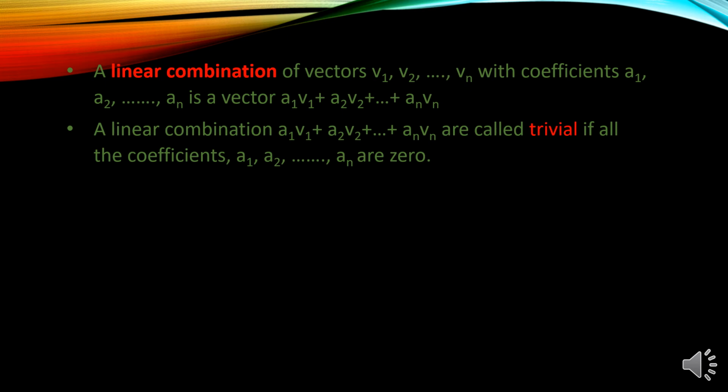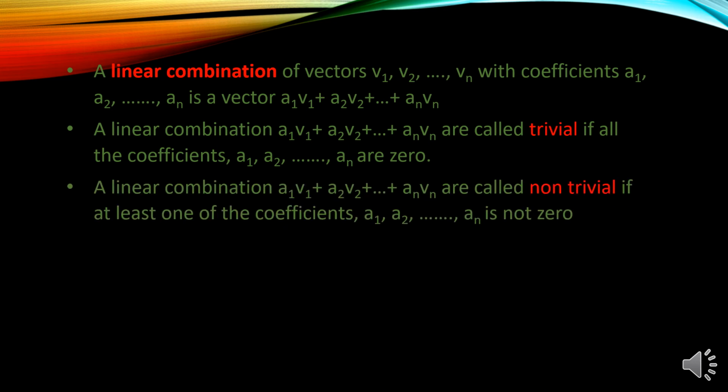It is called trivial if all the coefficients a1, a2 up to an are 0. That means that a1 equals a2 equals a3 equals the last term an, which equals 0.